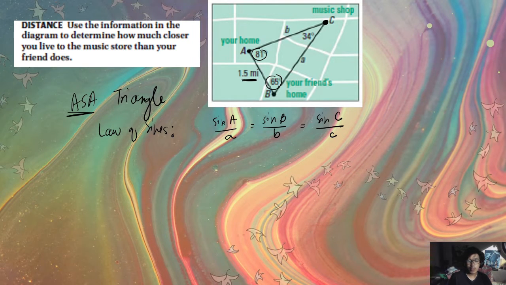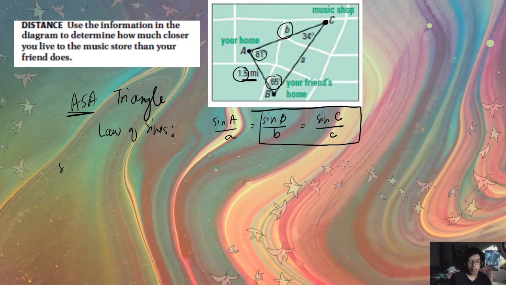For this given problem, first we solve for side B using side C, since B is missing and side C is given.